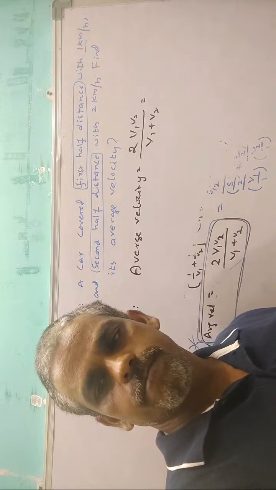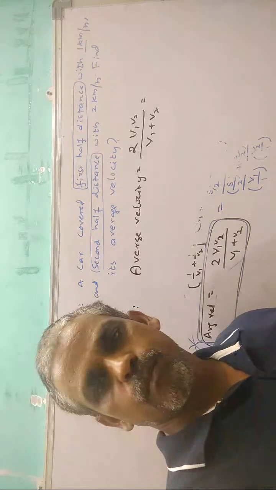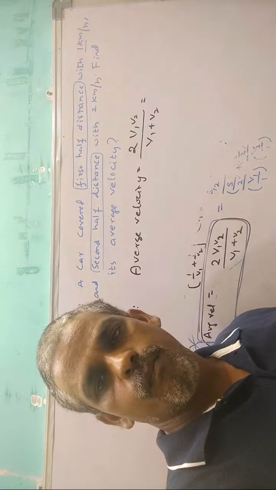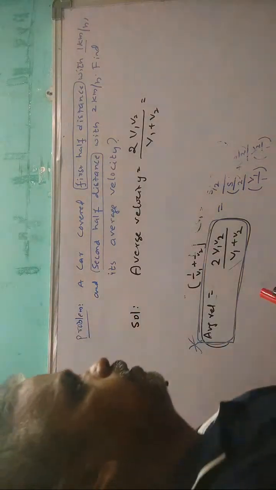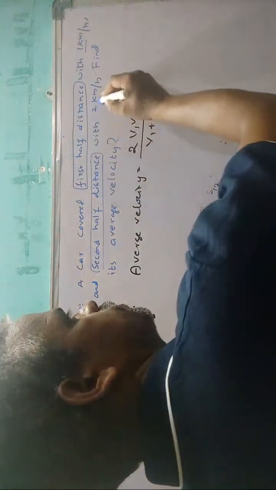Come on, children. First half distance with v1 velocity, second half with v2 velocity.